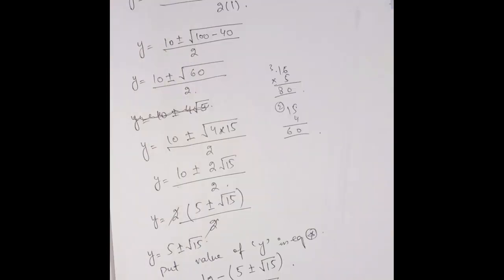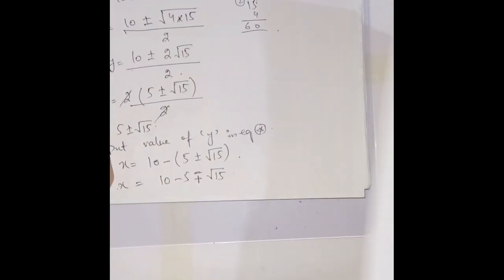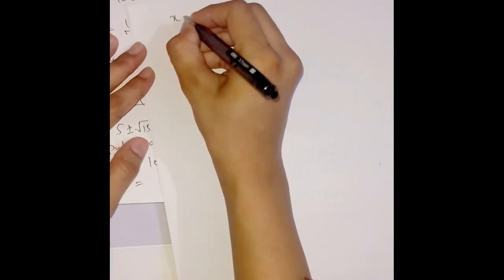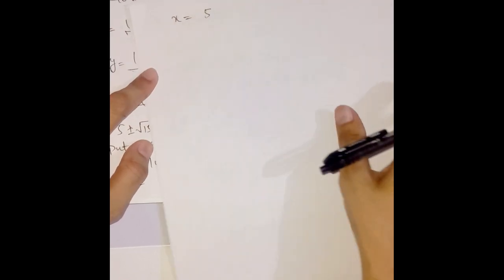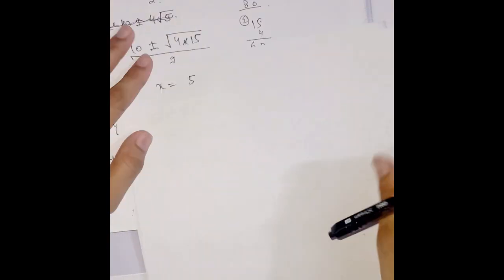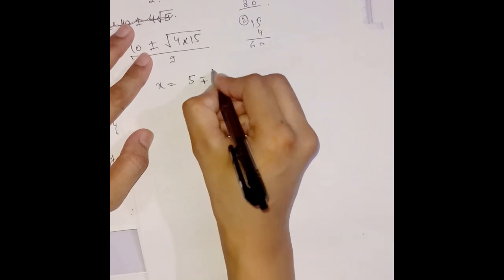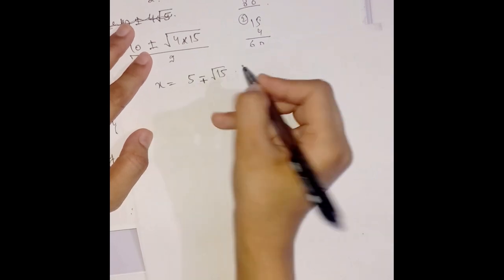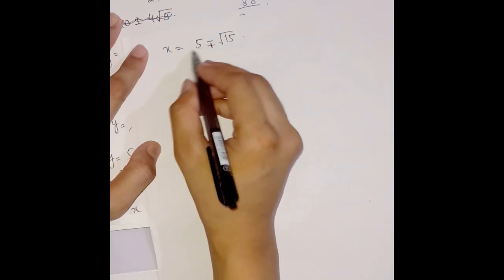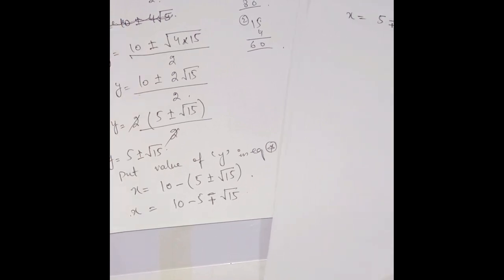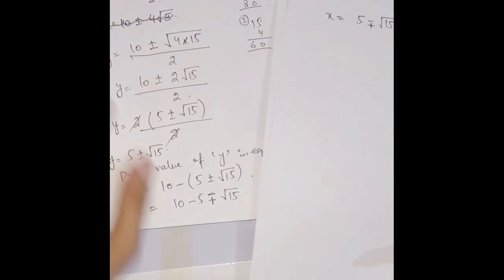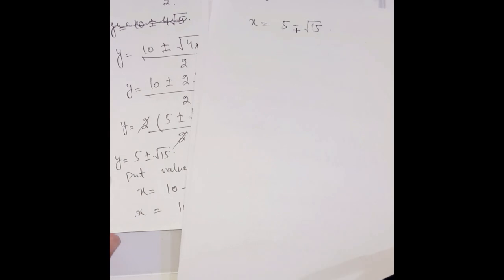Now you can see 10 minus 5 will be 5 and minus plus square root of 15. Here you can see x has two answers with plus and minus, and y has this answer 5 plus minus square root of 15.